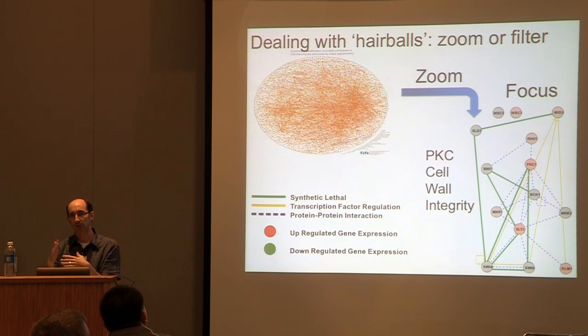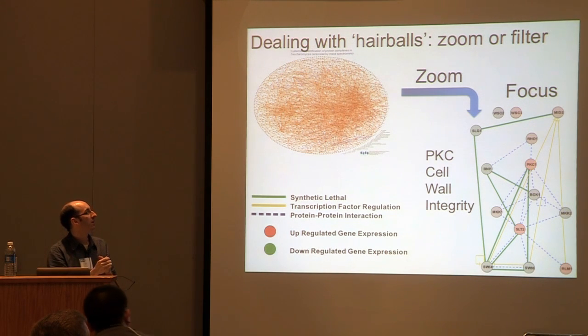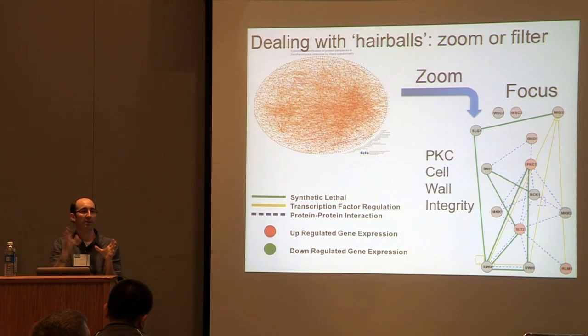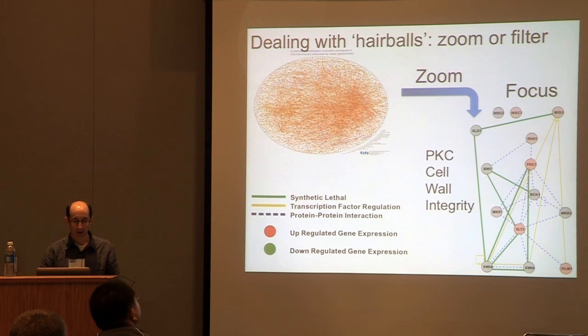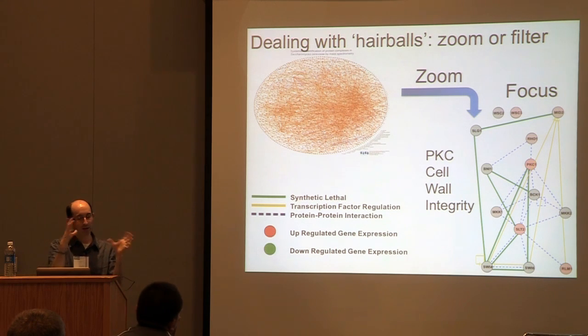Reducing the number of edges could be accomplished by filtering if you have a weight on the edge. But for nodes, you generally need to define some kind of filter for what nodes you want to see. So it could be a particular biological process that you're interested in, like cell cycle. Just show me what this network looks like if I look just at the cell cycle genes.